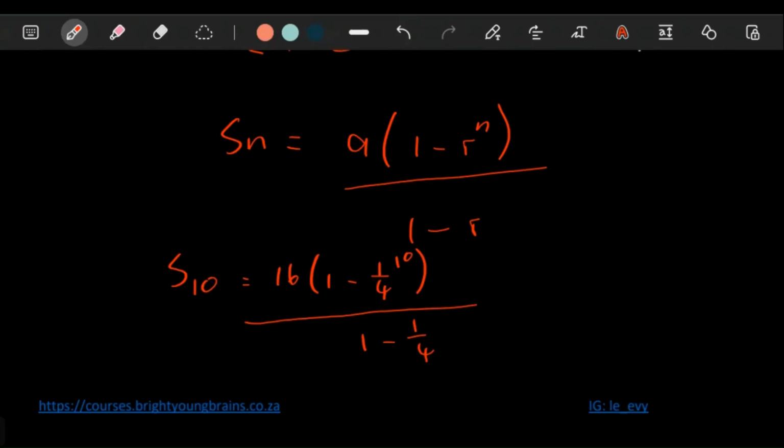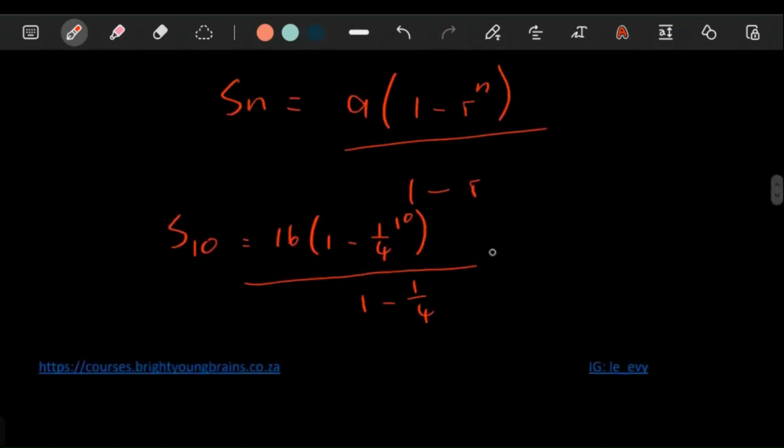Fraction button, 16, open and close bracket, 1 minus a quarter to the power of 10, the whole thing over 1 minus a quarter, you're getting 21,33. Not bad at all.